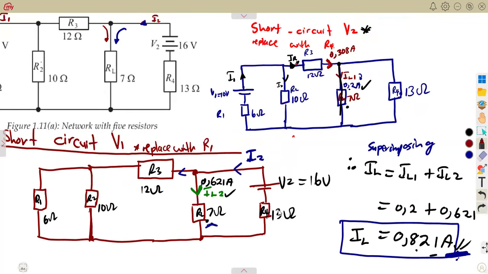Then you superimpose at the end. How are the currents related in that network, in that branch? How are the currents taken? Like I said, we're going to have more questions also working with other theorems so that we cover our syllabus as well.